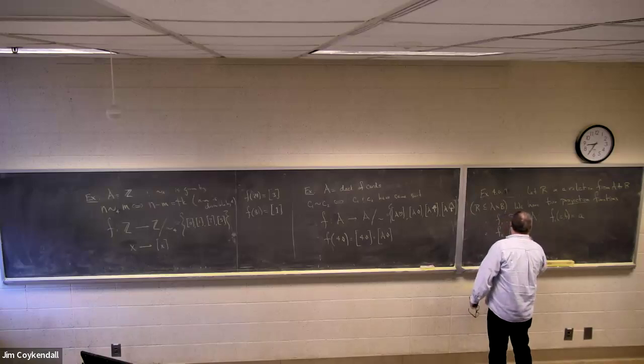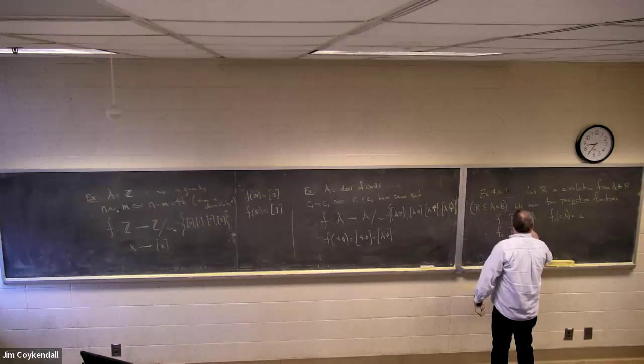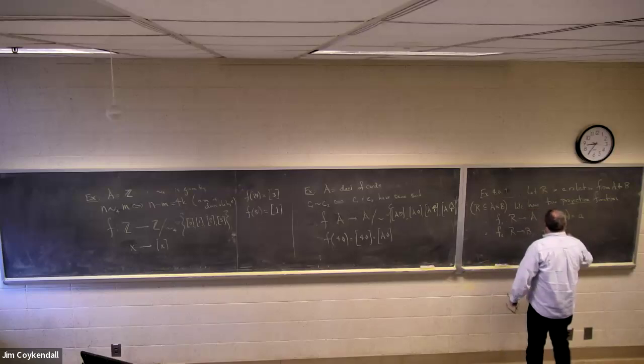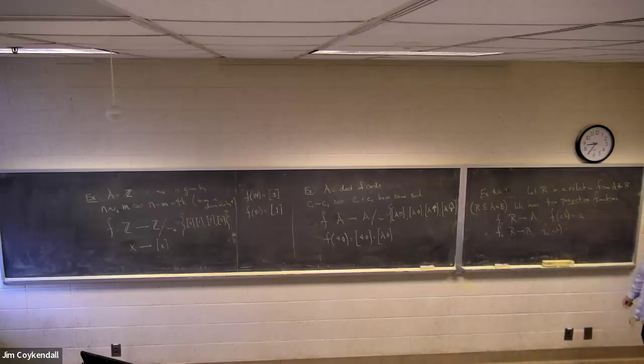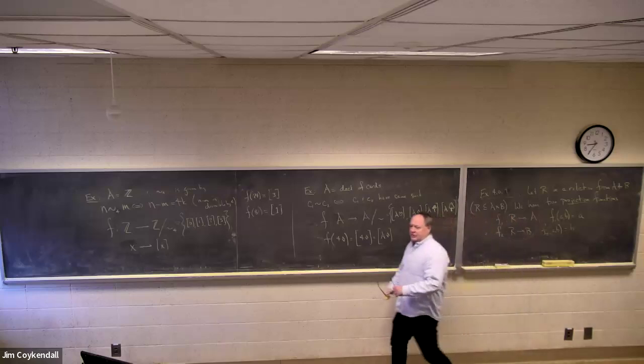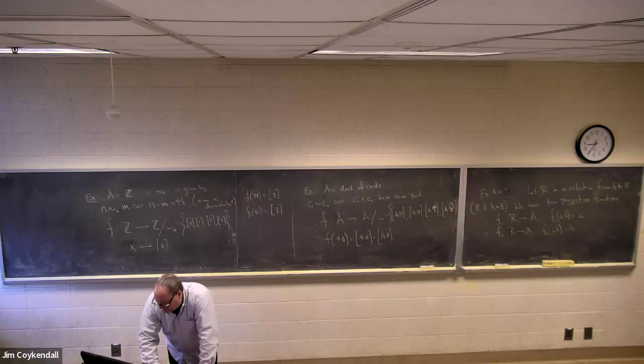F2 from R to B, sending (A, B) to B. Check that these are functions. It doesn't matter what the relation is, it just matters it's a subset of A cross B.